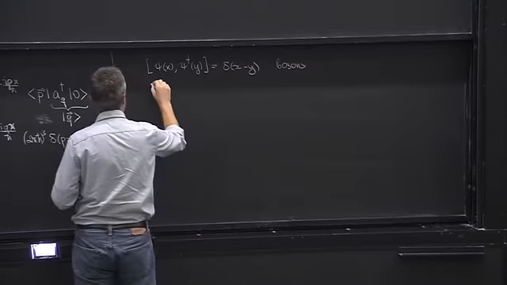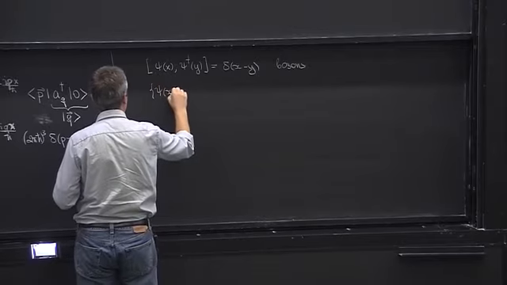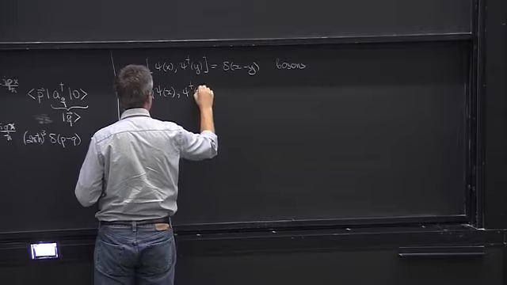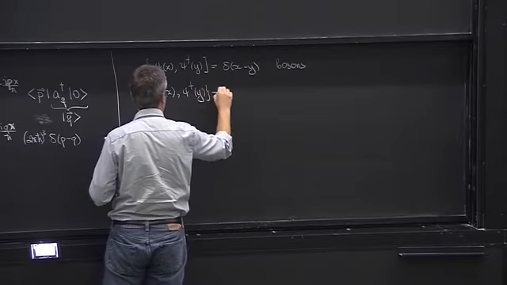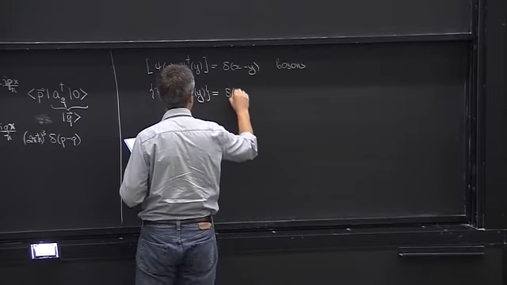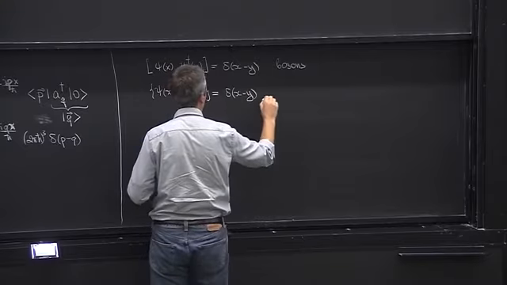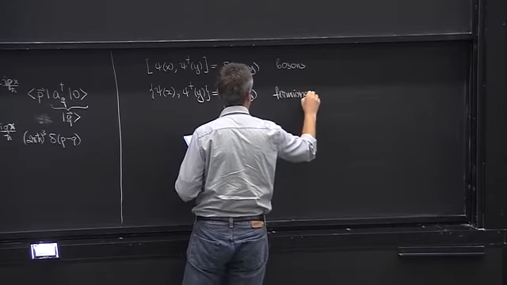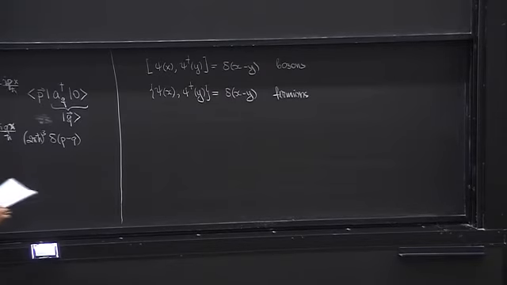And for fermions, we should anti-commute these operators to get something reasonable.